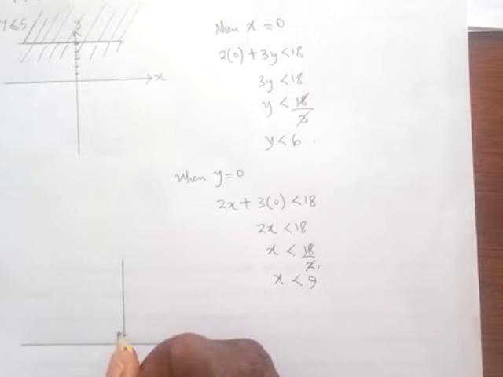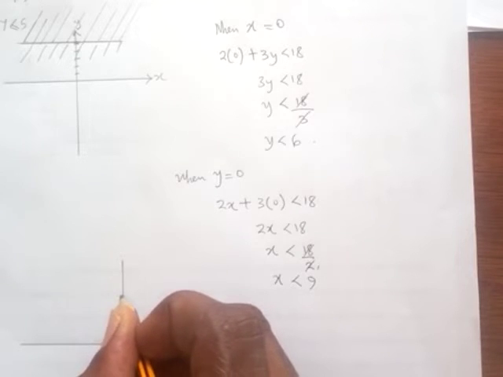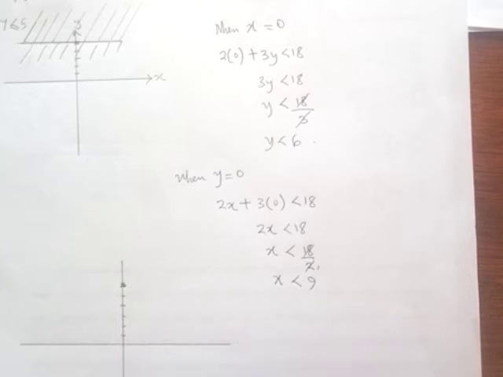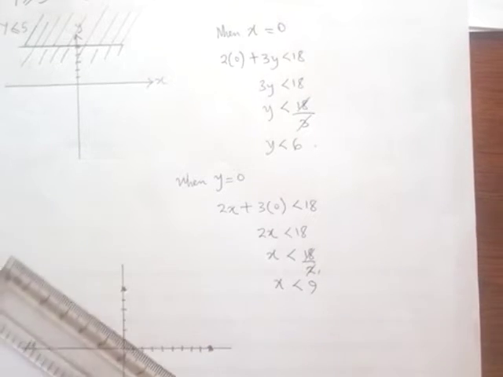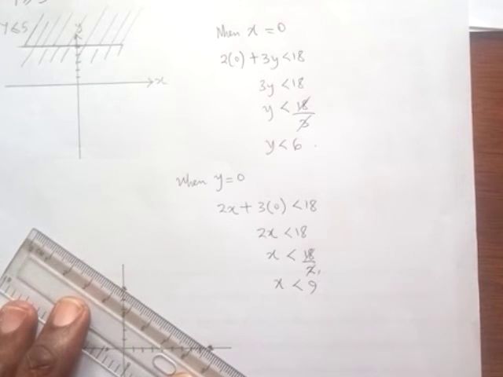Let's count 1, 2, 3, 4, 5, 6. We'll mark this point. Then we have 1, 2, 3, 4, 5, 6, 7, 8, 9. Mark this point. So we'll take our ruler and draw a straight line.